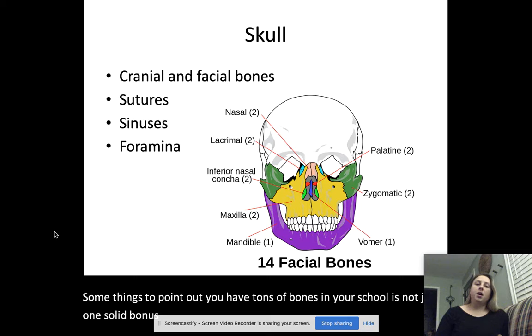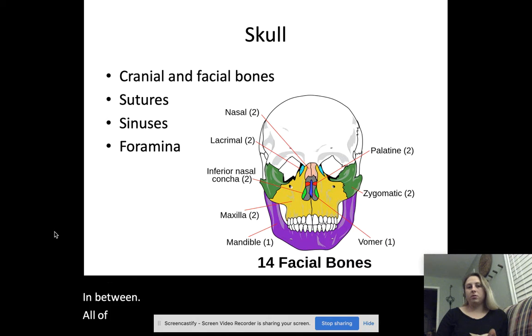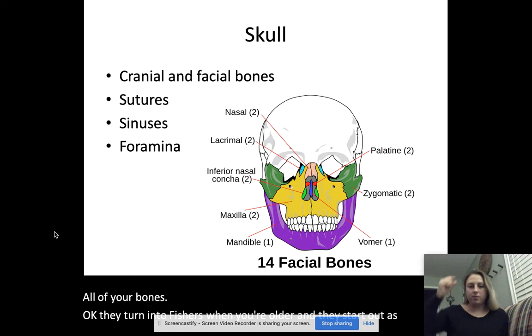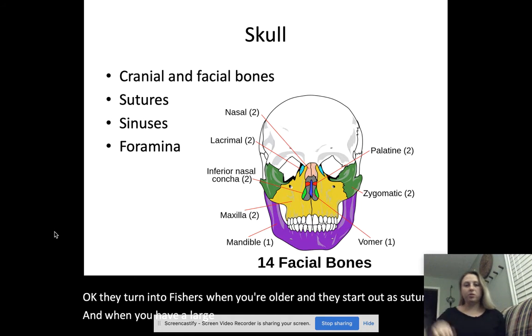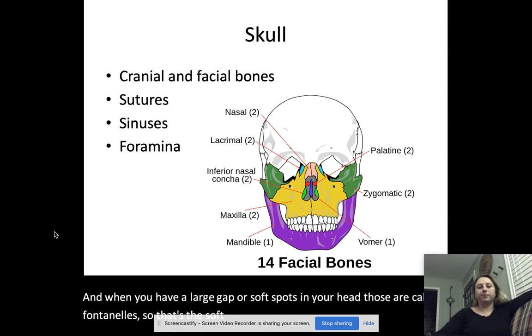Sutures are the spaces in between all of your bones. They turn into fissures when you're older, and they start out as sutures. When you have a large gap or soft spots in your head, those are called fontanelles. That's like the soft spots in a baby's skull.